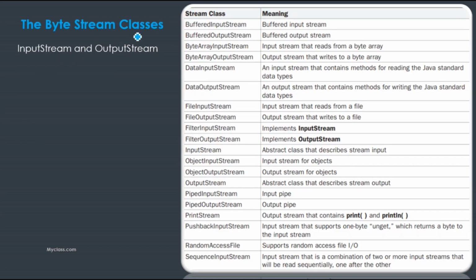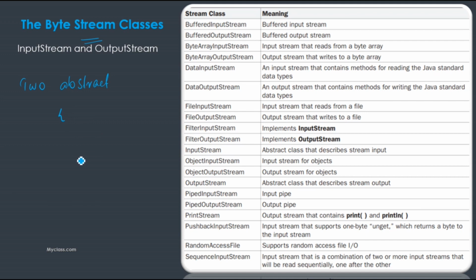These are the different stream classes under the byte stream classes. In this hierarchy, first we can see that there are two abstract classes. What is an abstract class? In an abstract class, we can only find the names of variables and the names of methods, not the implementation.